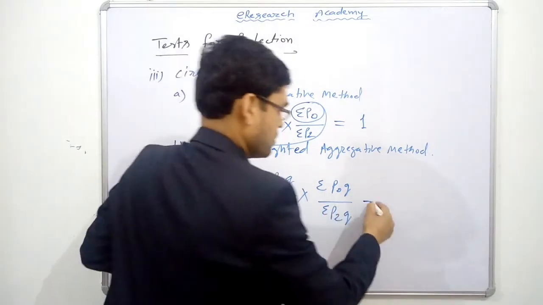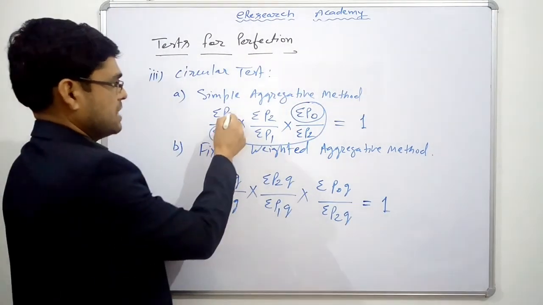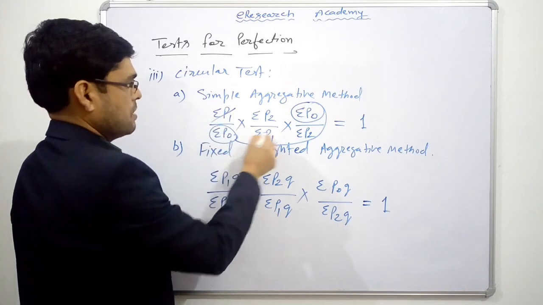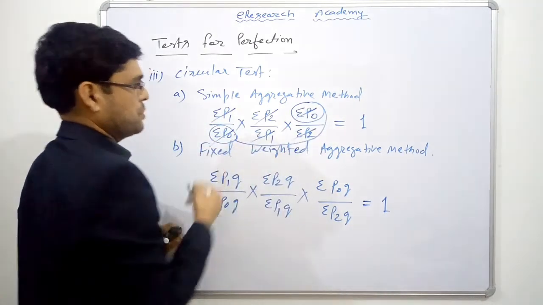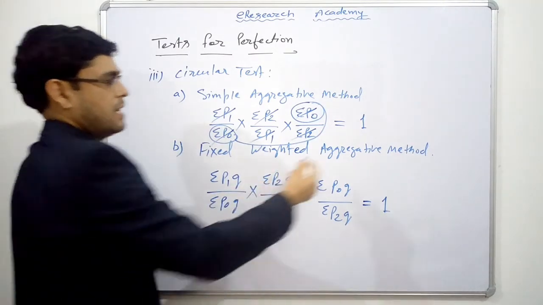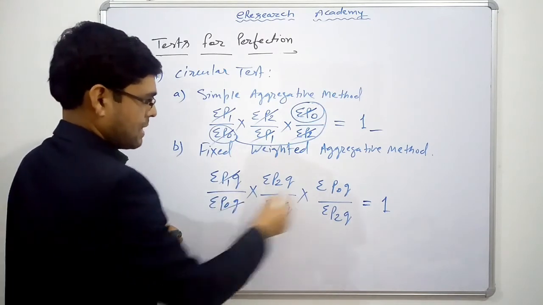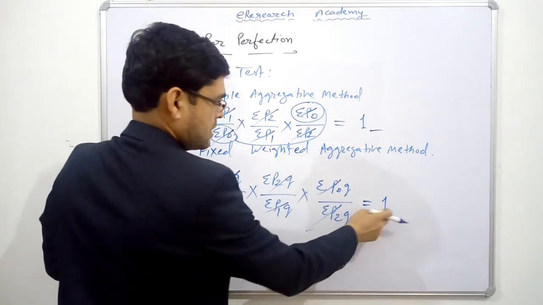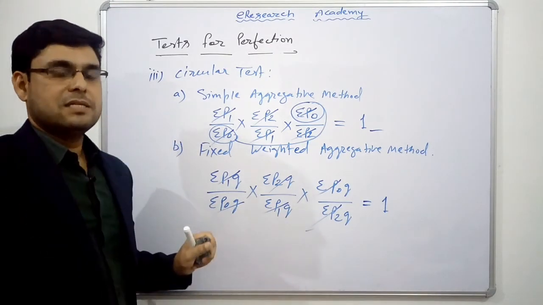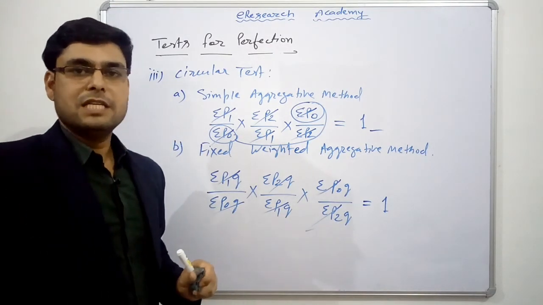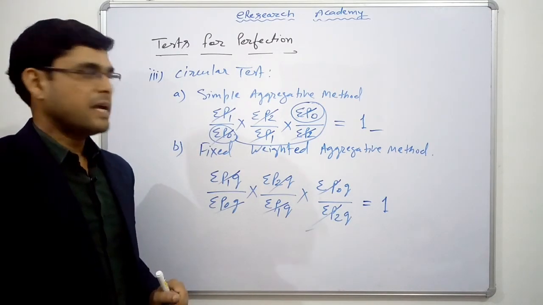It should also give you 1. As we can see, P1, P0 and P2 are all cancelled out and the output is 1. Similarly here all are cancelled out and produce the result 1. So these three are the methods to test the perfection of the methods that we use for constructing our index number, right?